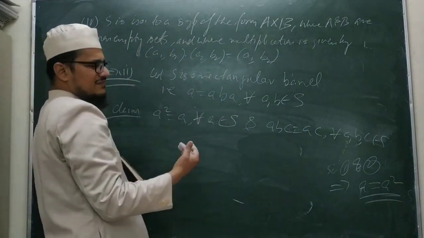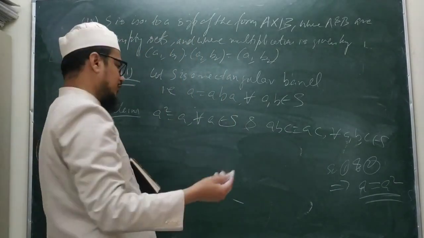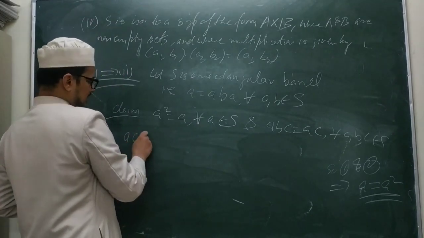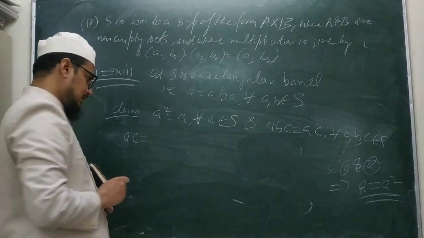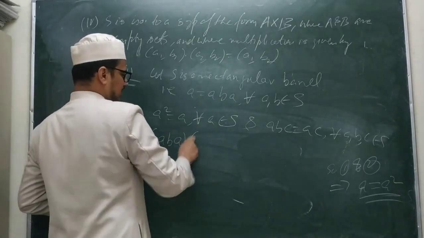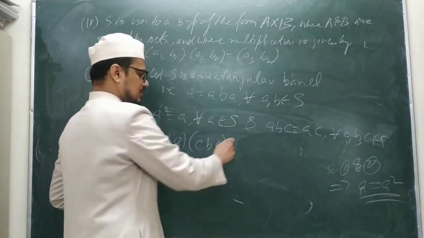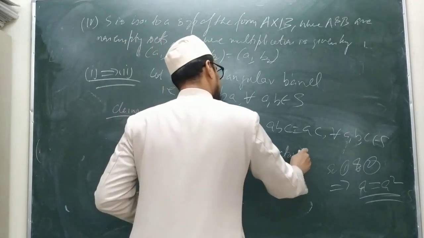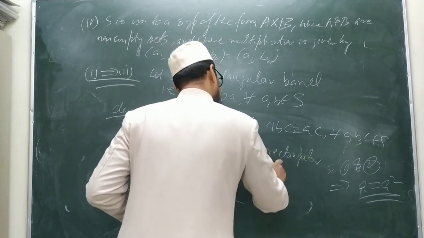Now you can go from the left hand side, or you can go from the right hand side, it's your choice. For example, if you go from the right hand side, that is AC. Correct? So you can write A as ABA and you can write C as CBC, since S is a rectangular band. You can give the logic.